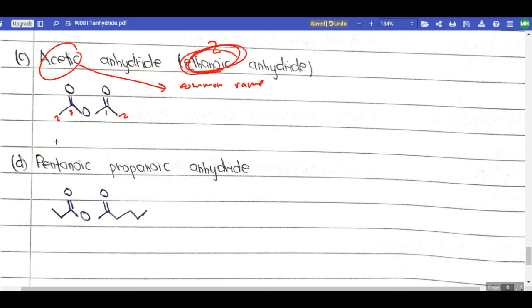And for the anhydride, just draw the structure, making sure both sides have the same structure and the same number of carbons. Lastly, we have pentanoic propanoic anhydride. Penta is 5 carbons, while propanoic has 3 carbons. Right? 1, 2, 3. 1, 2, 3, 4, 5. Okay, we have the anhydride structure. So basically, yes, this is the structure that we are looking for.